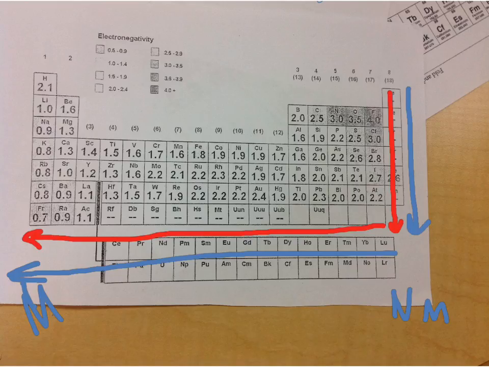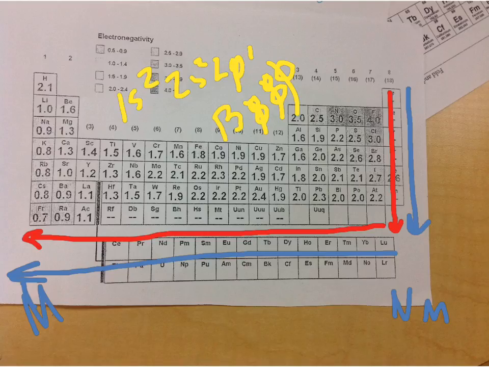So basically, let's do one. You know, like the electron configuration, like 1s2, 2s2, 2p1. Let's do boron. So boron has 1, 2, and it has 1 here.